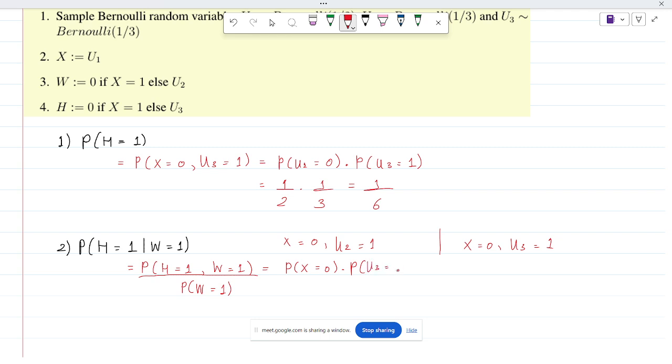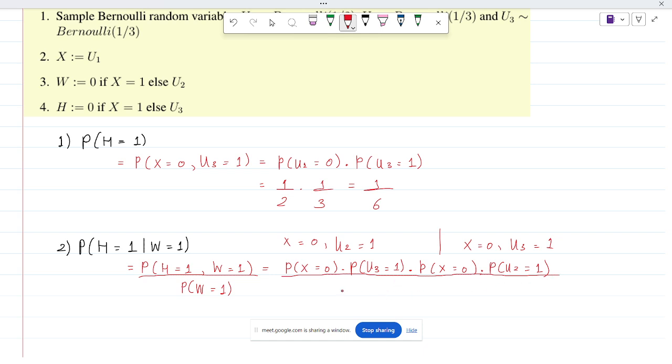Into the probability of U3 equals 1, into the probability of X equals 0, into the probability of U2 equals 1. Let's see where I'm going with this. So now you have the probability of W being equal to 1.